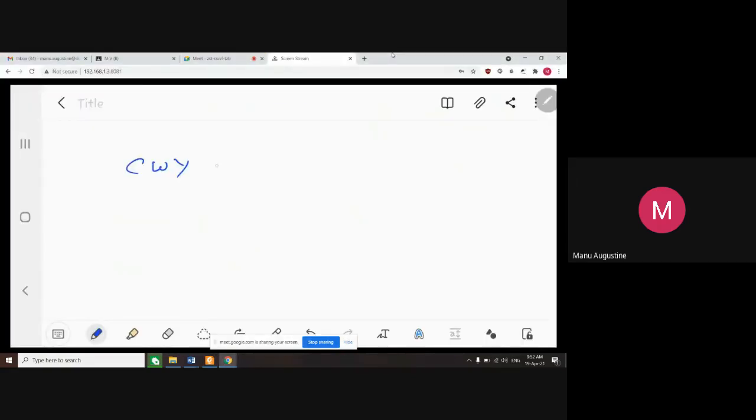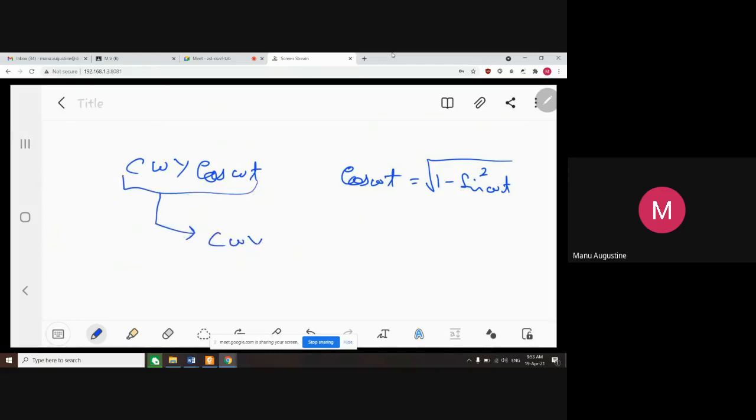But I can replace cos omega t with under root of 1 minus sine square omega t. We know that. So this expression can be written as c omega Y multiplied by under root of 1 minus sine square omega t.